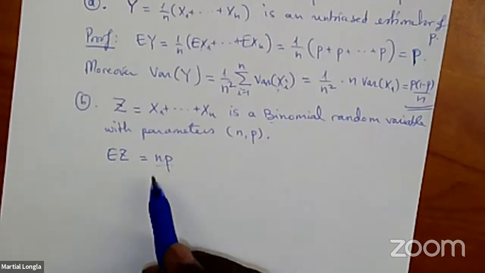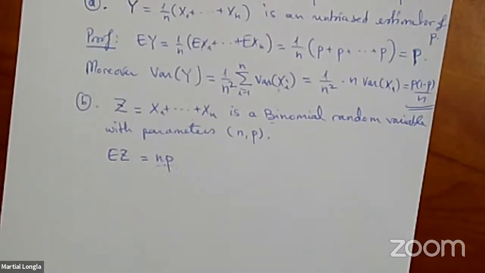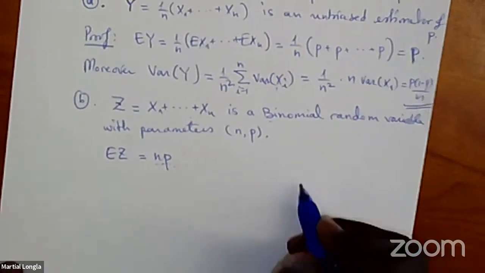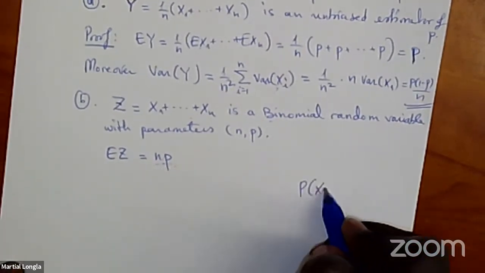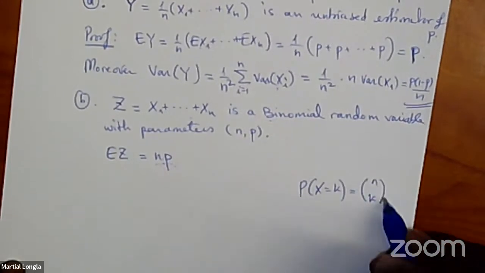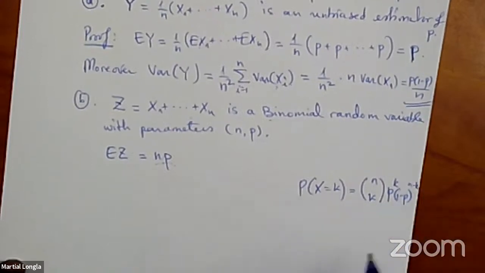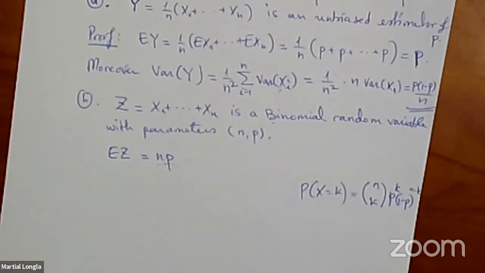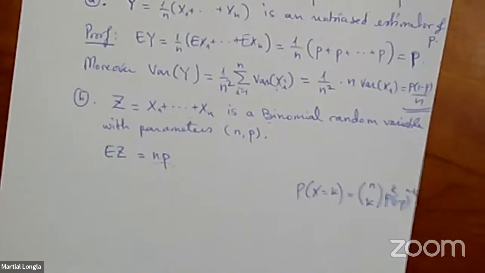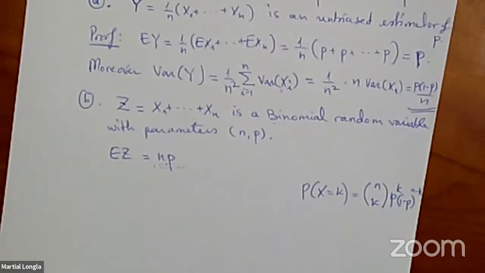Do you remember the formula? The probability that x equals k is n choose k times p to the k times 1 minus p to the n minus k. You would multiply this by k and add from k equals 0 to n, and find a way to show that the sum is equal to n times p.